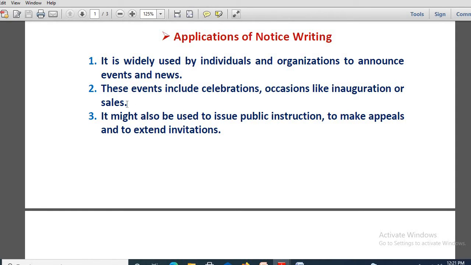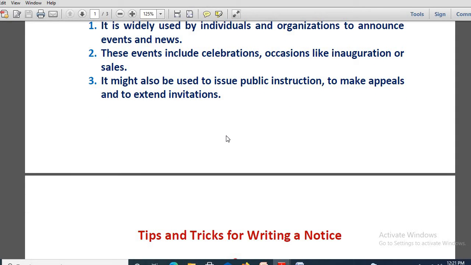Another important thing is that it might also be used to issue public instructions, to make appeals and to extend invitations.